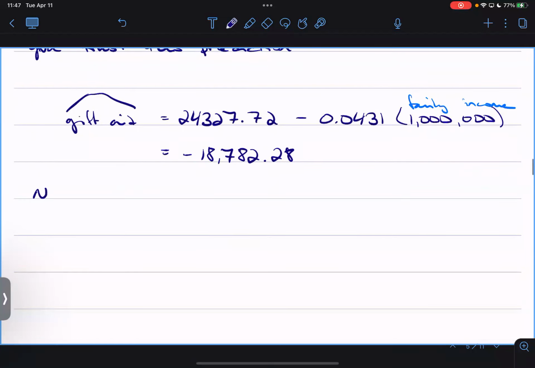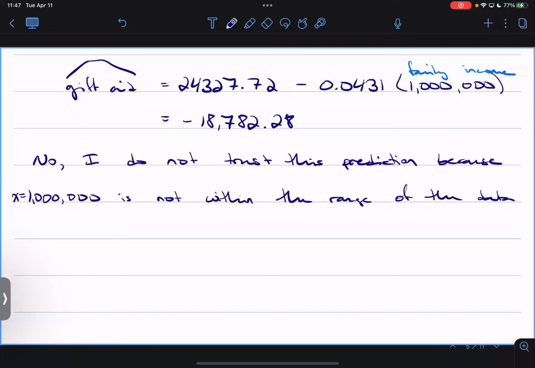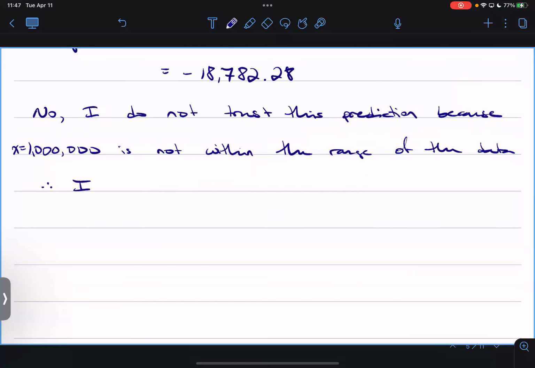No, I do not trust this prediction, because x equal to 1 million is not within the range of the data. Therefore, this is an extrapolation.